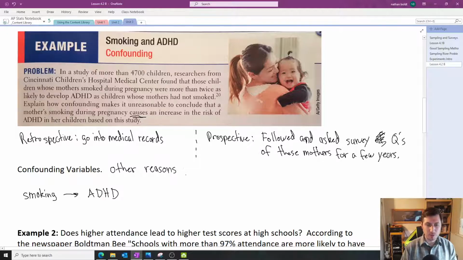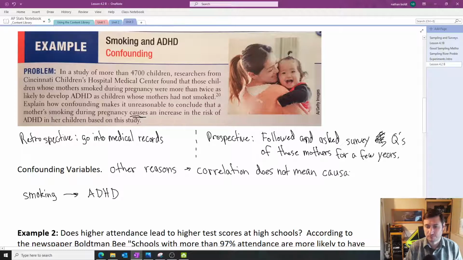Okay, we talked about this in scatter plots a lot. This was the whole, very similar to the saying that correlation does not imply causation. All right, so we need to identify, hey, what could a third variable be that connects these two, okay?